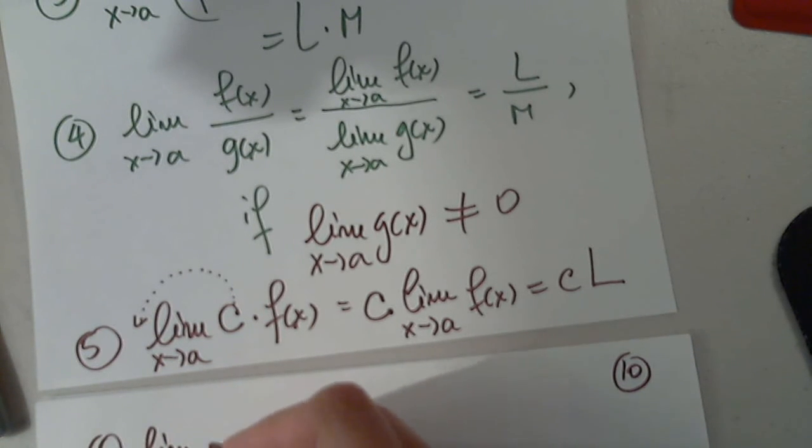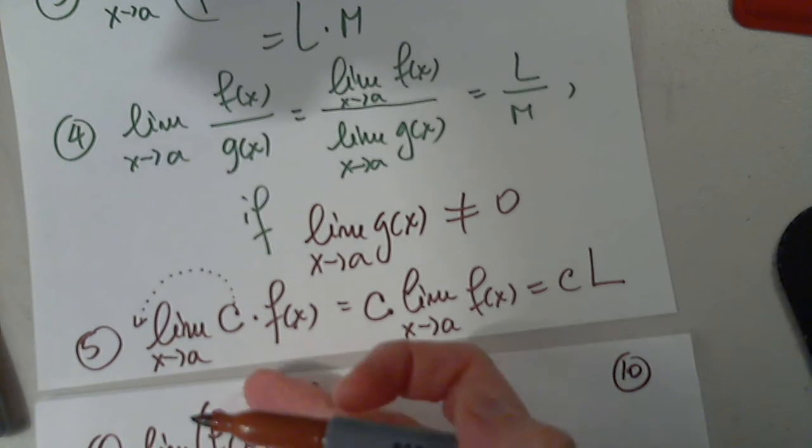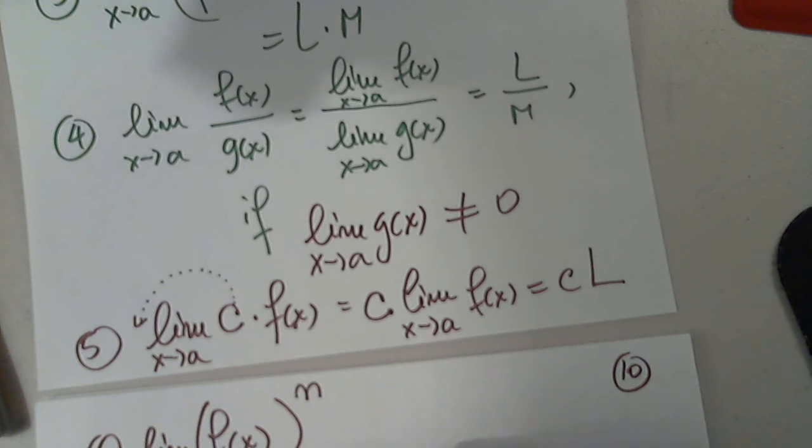The limit of f of x raised to the power n as x approaches a, and n is a positive integer, because if it's negative, it's going to be 1 over. So for now, we say n positive integer.